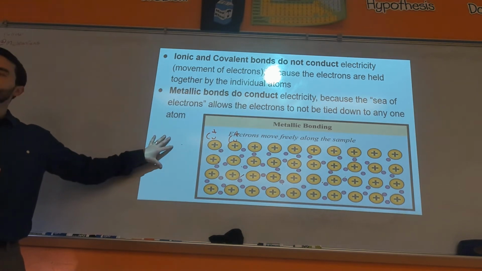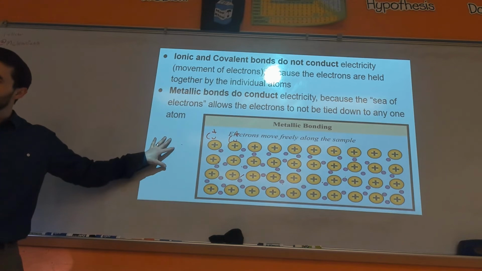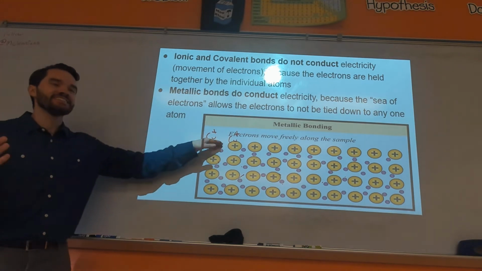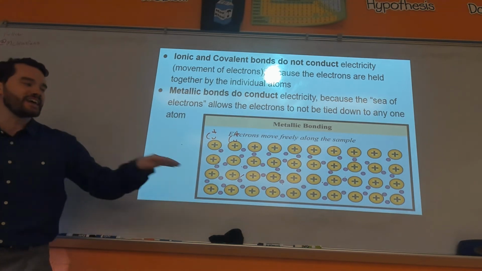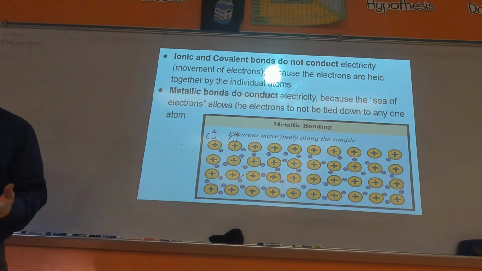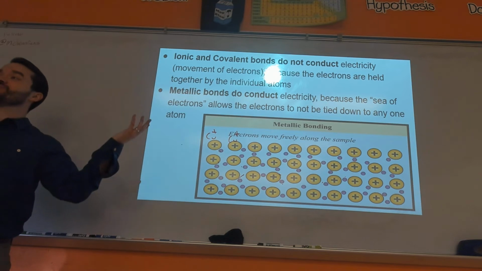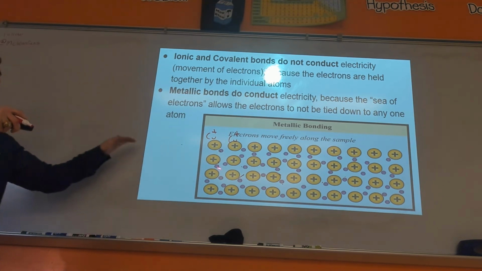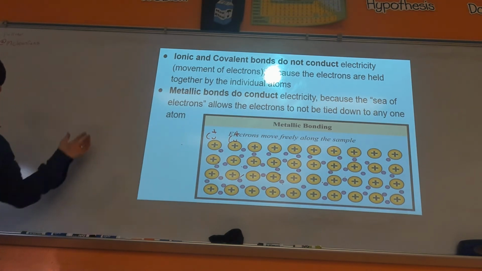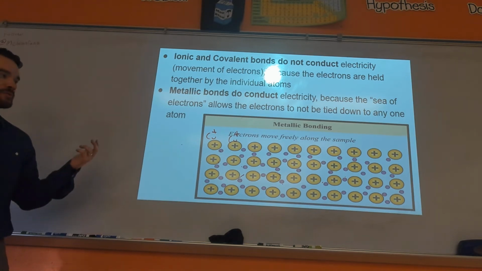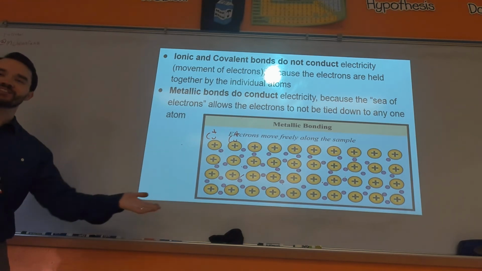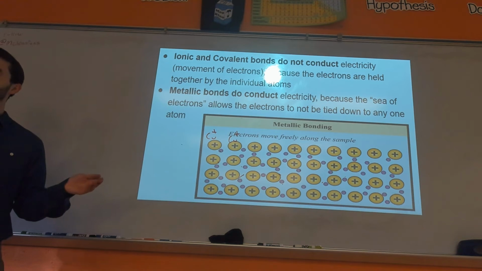And what is electricity? The flow of electrons. In metallic bonding, these electrons don't belong to any one atom, so they are free to flow like the ocean. They can flow across this sample, and then we can utilize that to play Pokemon or run electricity and stuff. I think that's kind of interesting.